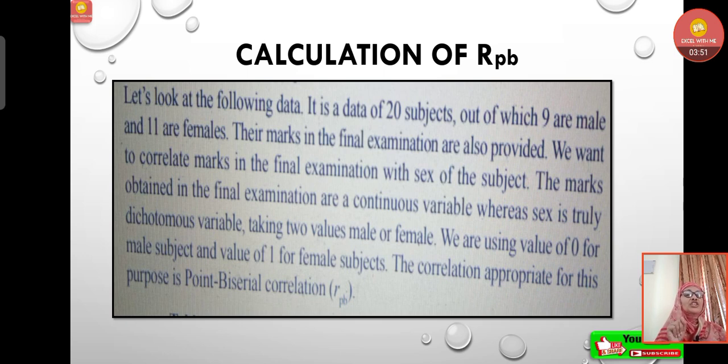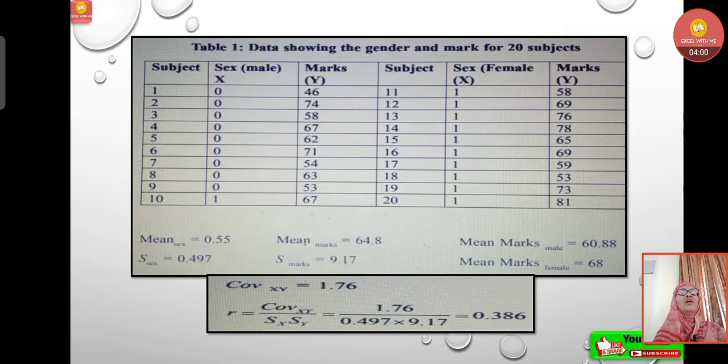Now the correlation appropriate for this purpose is point biserial correlation. Now you can see the table here. Subjects are listed, with sex X for males and marks Y, and then sex X for females and marks Y.